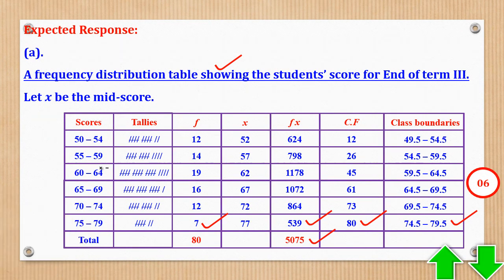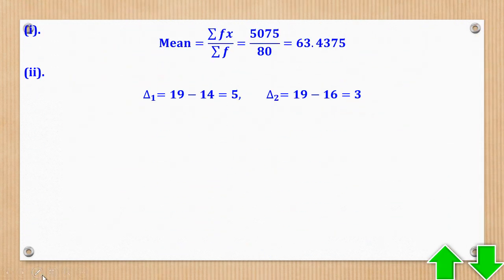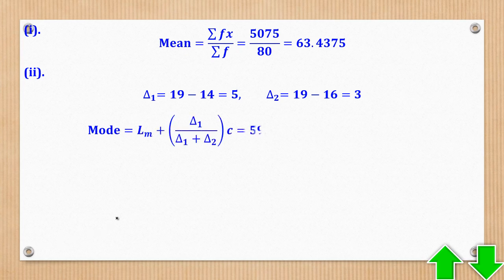In this case, it is this. You see this frequency is the highest, so the difference between this and this is called D1. Then the difference between this and the post-modal frequency is D2. So that's where D1 and D2 were got from, or you can say delta 1 and delta 2. Then from there you can now call the formula and substitute.